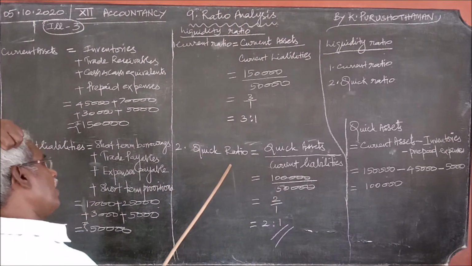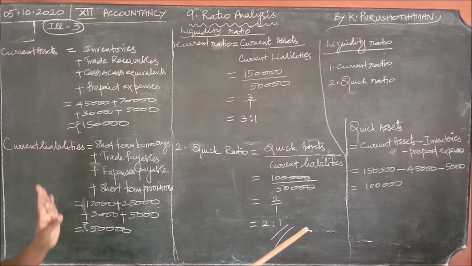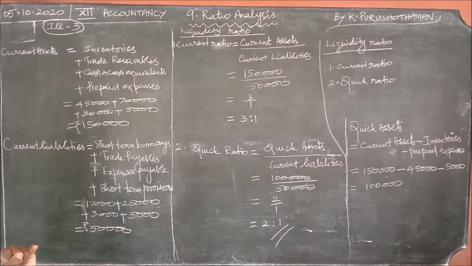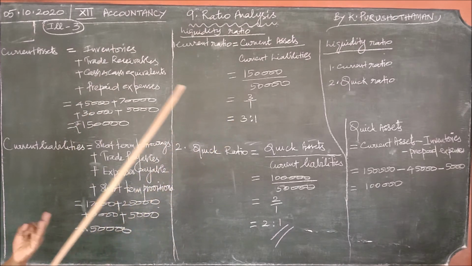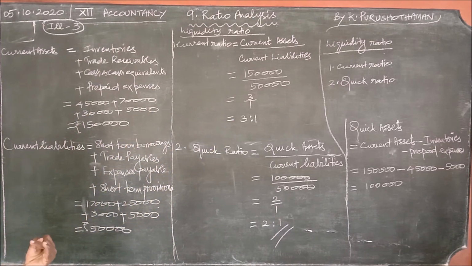Under this ratio analysis, there are 4 methods. 1, the liquidity ratio method. Number 2, long-term solvency ratios. Then 3, turnover ratios. Number 4, profitability ratios. These are the 4 main subdivisions.